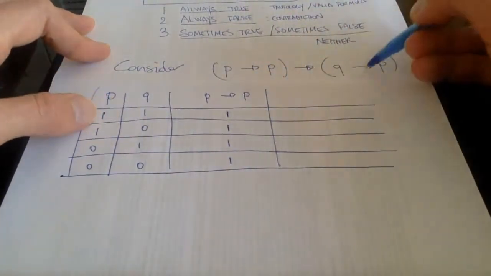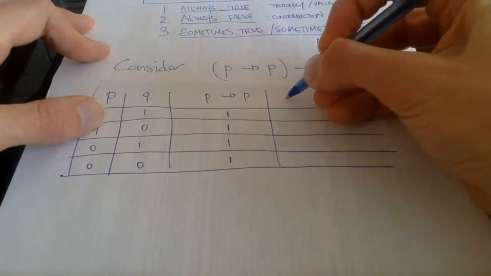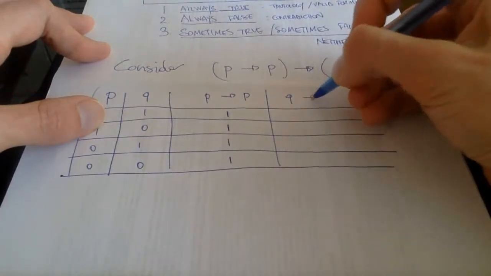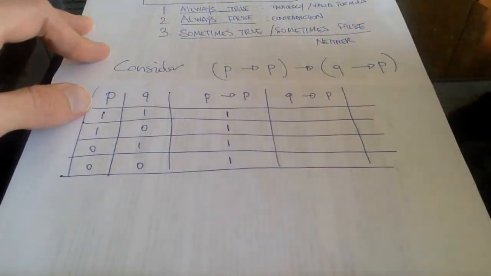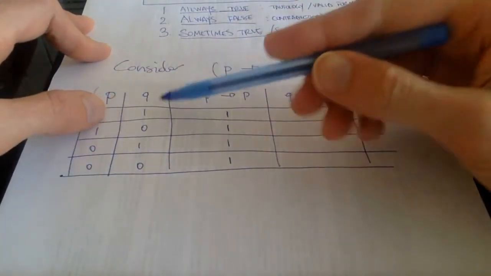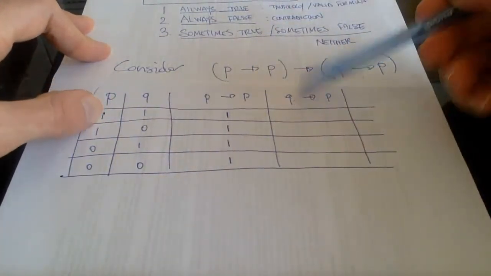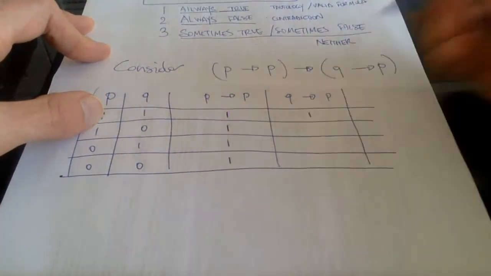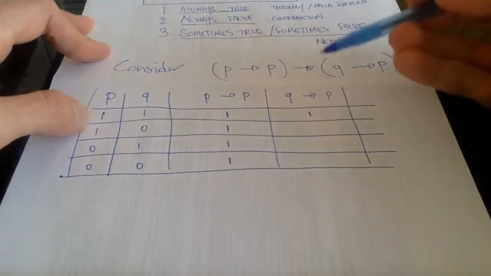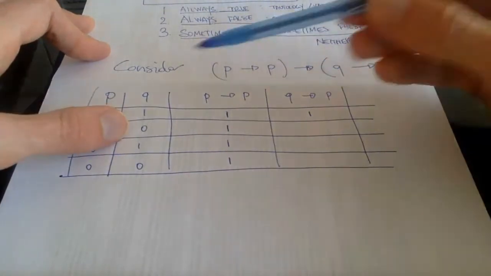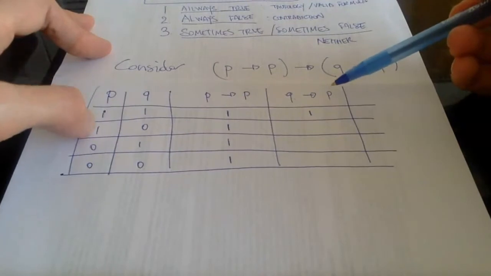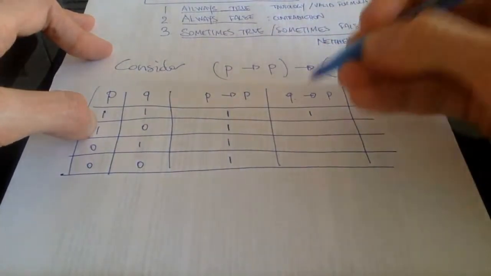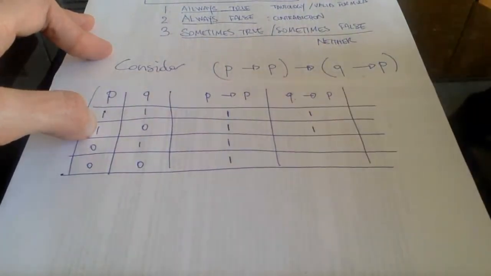So, now, what about Q implies P? Well, if Q has value 1, and P has value 1, then the whole implication has value 1. If Q has value 0, and then P has value 1, then Q implies P has value 1 again.